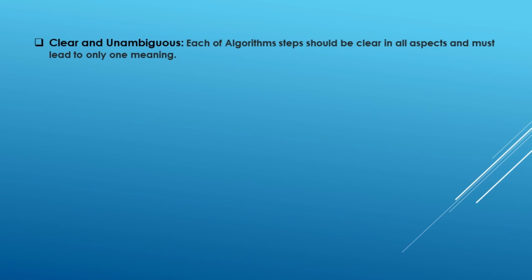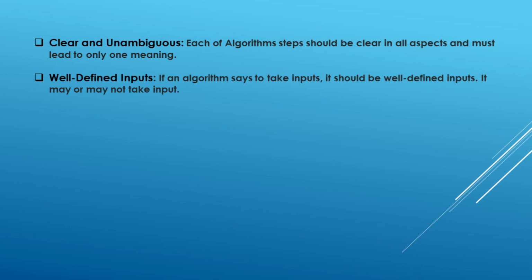Clear and unambiguous. That means each of the algorithm's steps should be clear in all aspects and must lead to only one meaning. Next one, well-defined inputs. If an algorithm says to take inputs, they should be well-defined inputs. It may or may not take input.